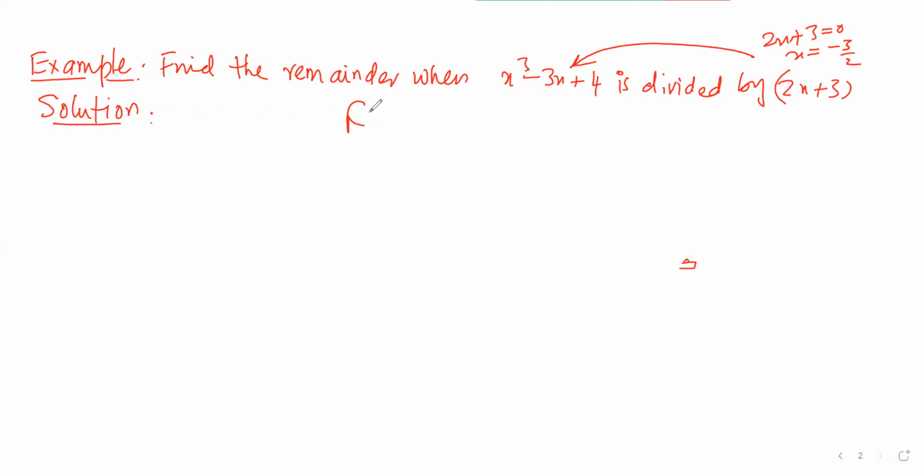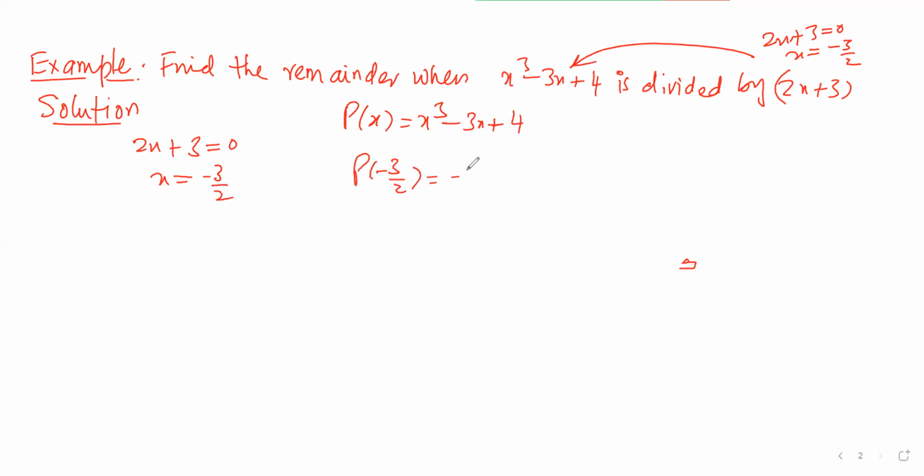So the polynomial given is p(x) equals x cubed minus 3x plus 4. The divisor is 2x plus 3. X equals minus 3 over 2 when we equate it to 0. P(minus 3 over 2) is minus 3 over 2 whole cube minus 3 into minus 3 over 2 plus 4, which is minus 27 over 8 plus 9 over 2 plus 4, and this is equal to 41 over 8.